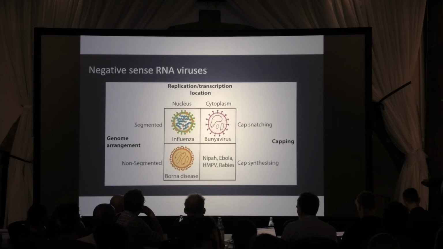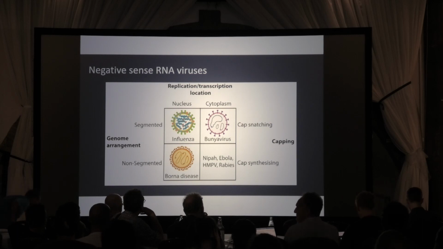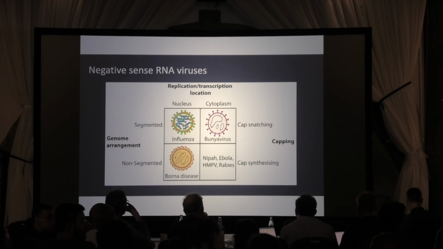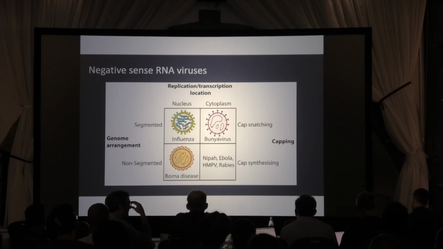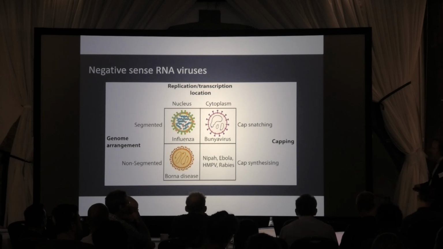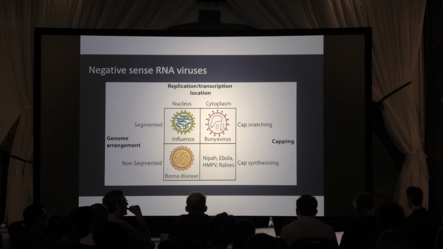Then you can classify them on the mechanisms by which they transcribe. Flu and the bunyaviruses use a technique called cap snatching, where part of the polymerase is able to capture the cap structures from cellular RNA and cleave off the cap structure, whereas for the non-segmented viruses, their polymerases have functions to enable them to synthesize cap.